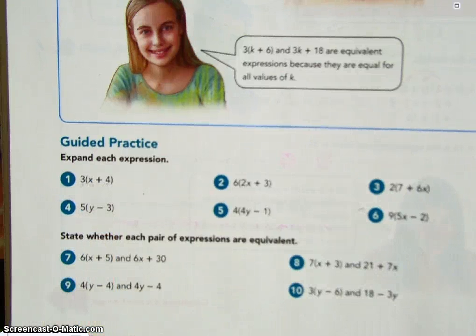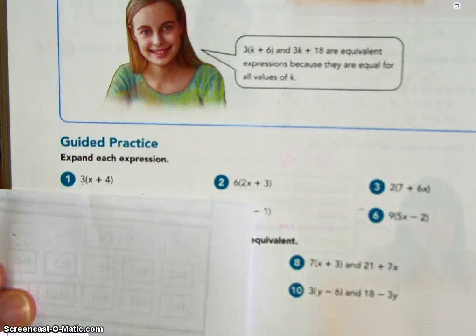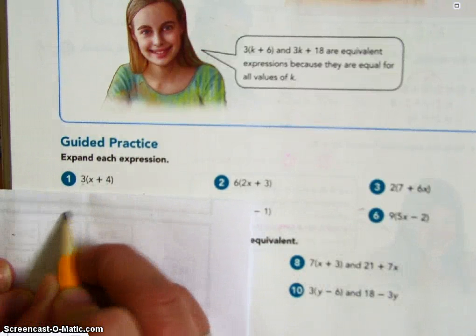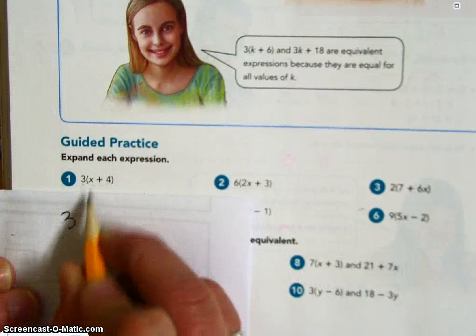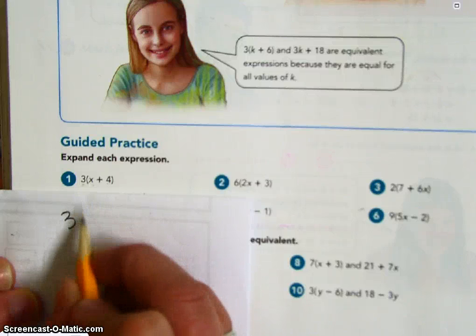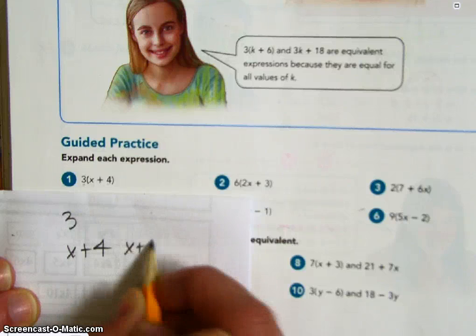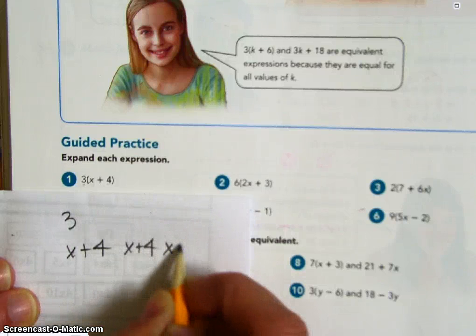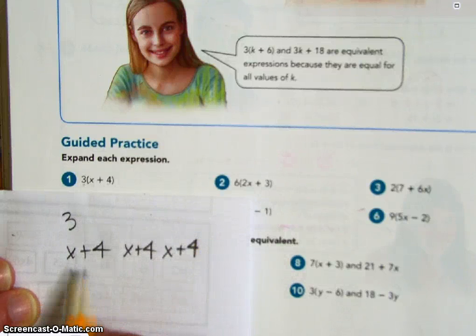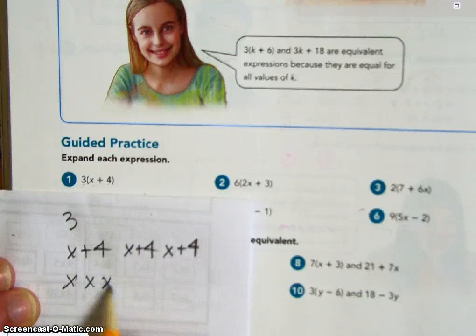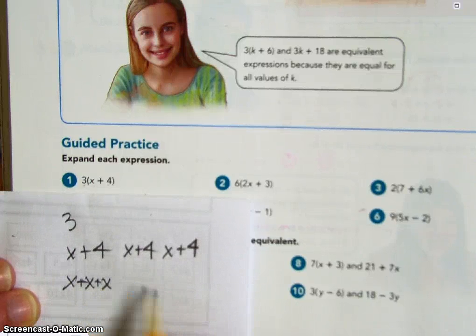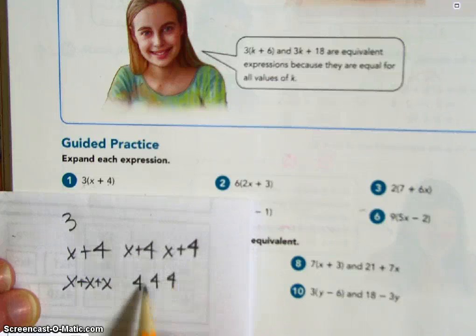So let's do number 1 real quick together. 3 times x plus 4, so x plus 4, x plus 4, x plus 4. Then you're just going to combine like terms, 3 x's, and combine the 4's, and it's going to be 3x plus 12 as your final answer.